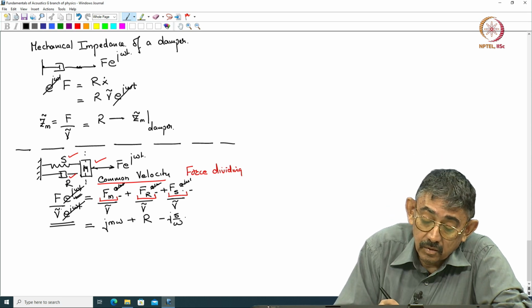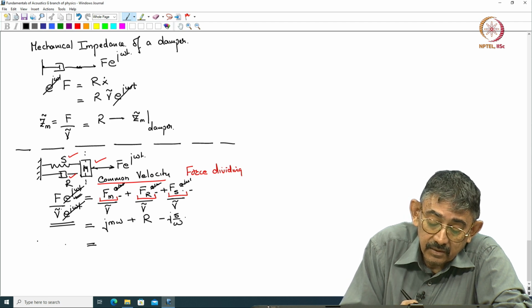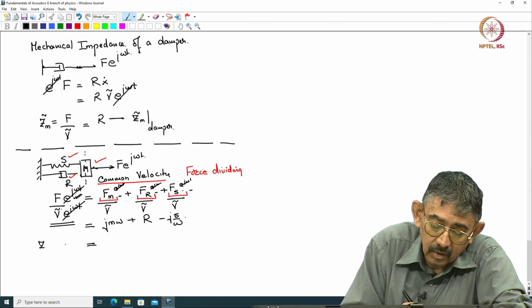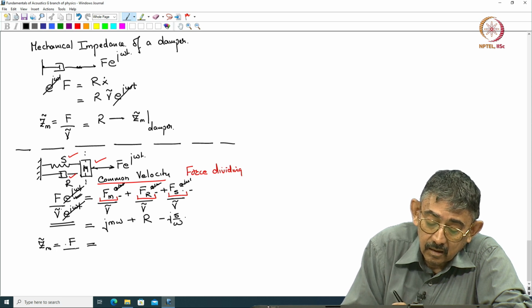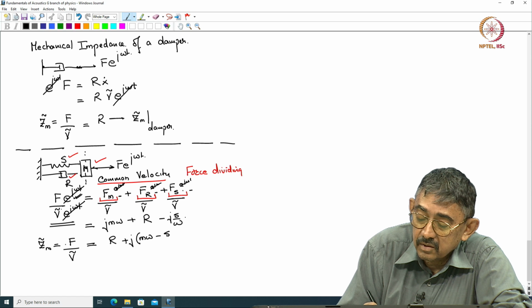So now together, the mechanical impedance of the total system, because it is a common velocity junction, is R plus j m omega minus S over omega.